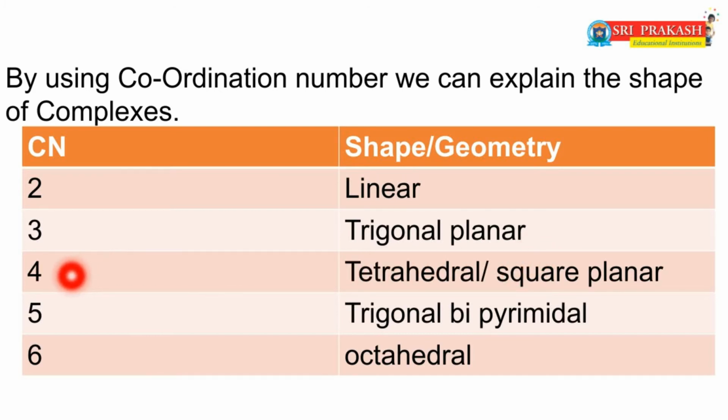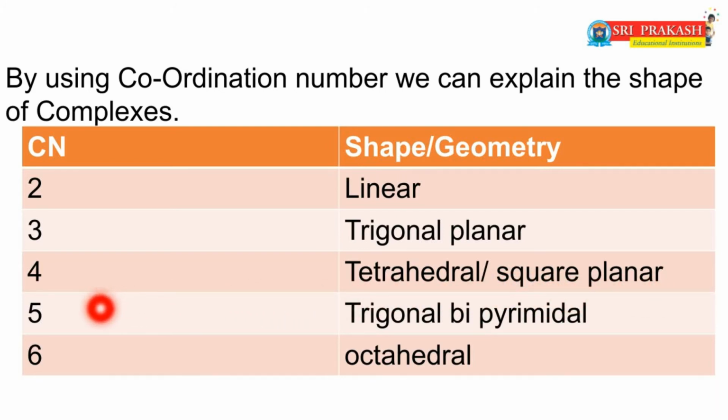If coordination number is 4, coordination number 4 means the 4 electron pairs or monodentate ligands are involved in the complex formation. If coordination number is 4, then the geometry or shape of the complex is tetrahedral or square planar.